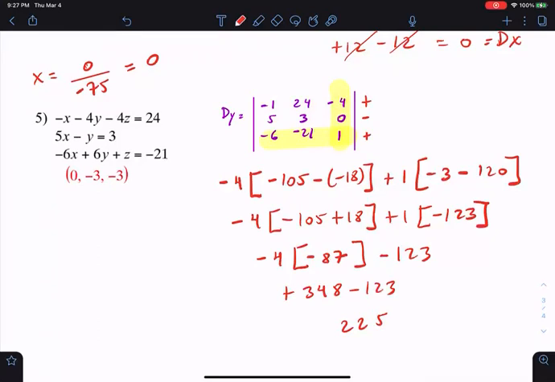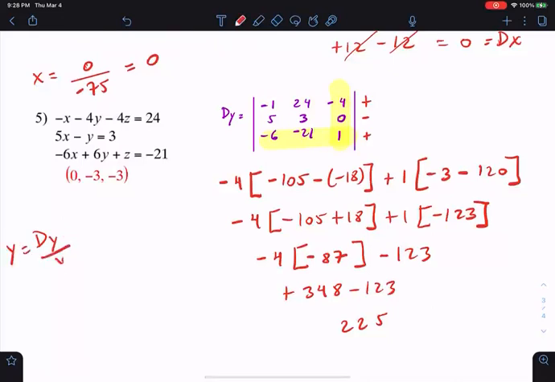Let's double check, just in case something is computed wrong. It looks okay. That looks okay to me. So let's check if it's okay or not. So dy equals y equals dy over d, right?